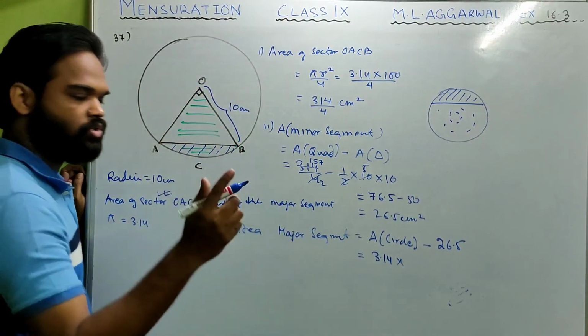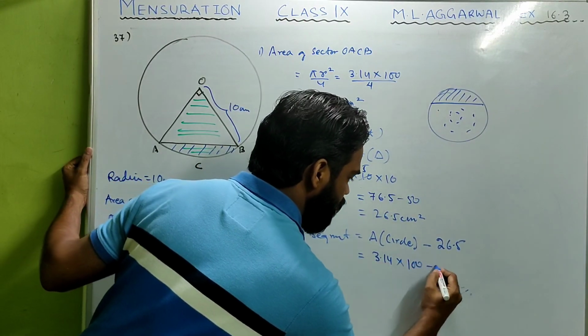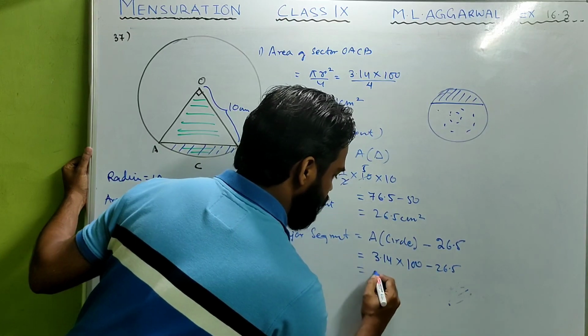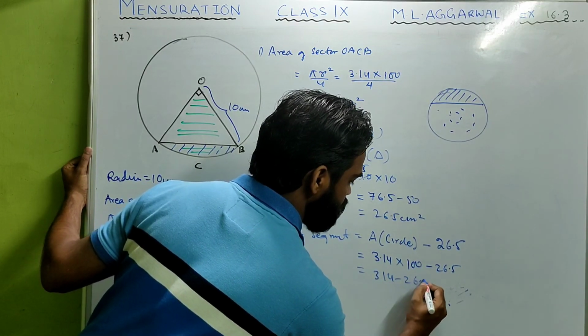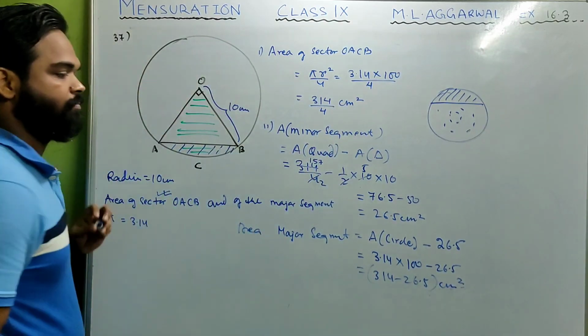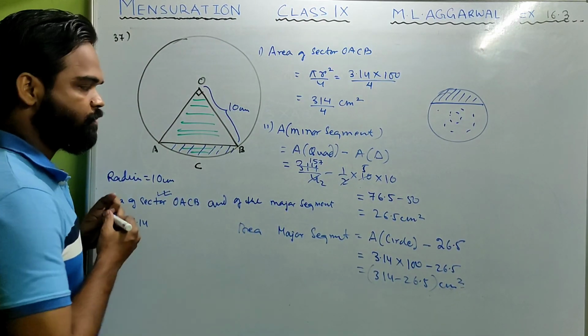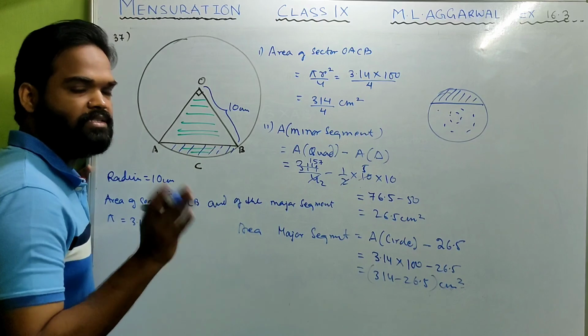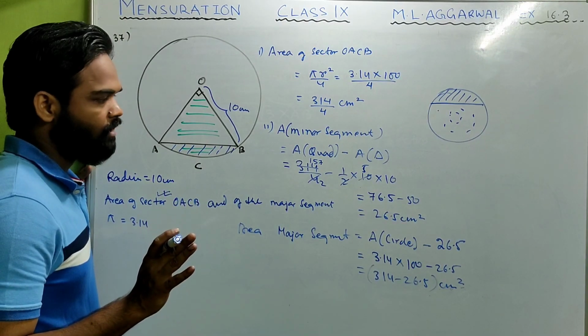R square means 10 square is 100, minus 26.5, that's 314 minus 26.5. I hope you can do this calculation. It was pretty easy. You just need to know what is a minor segment and what is a major segment.